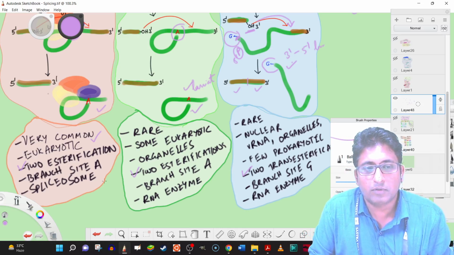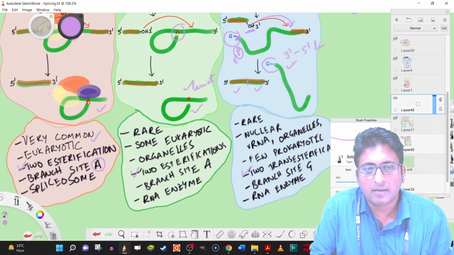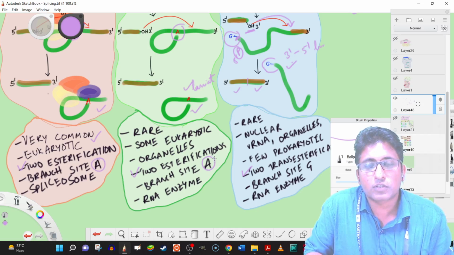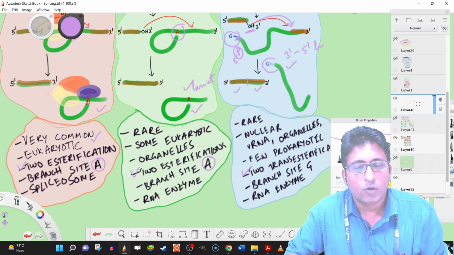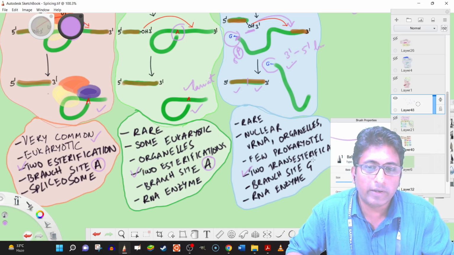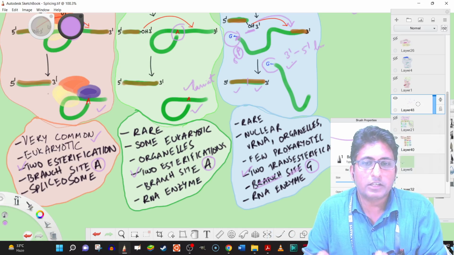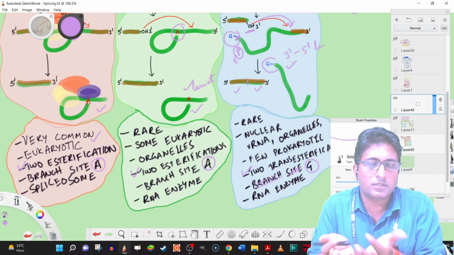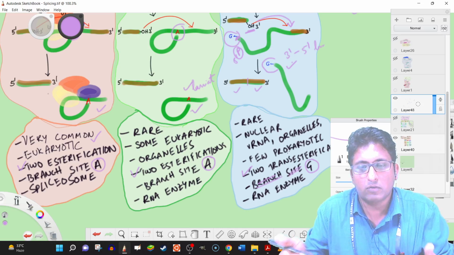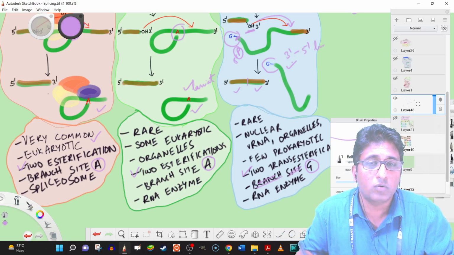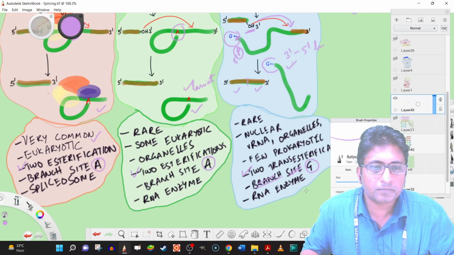What the spliceosome and group 2 introns have in common is the branch site adenine. Whereas in group 1 we have a GTP, and I don't think we should call it a branch site because it's not a part of the intron, but it forms a folding onto which GTP is bound non-covalently.